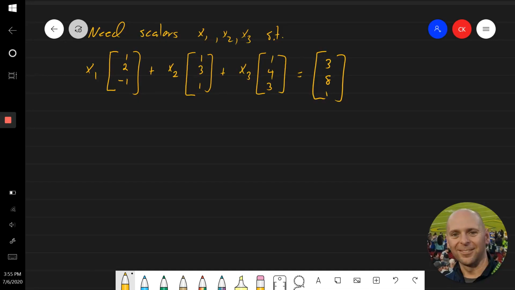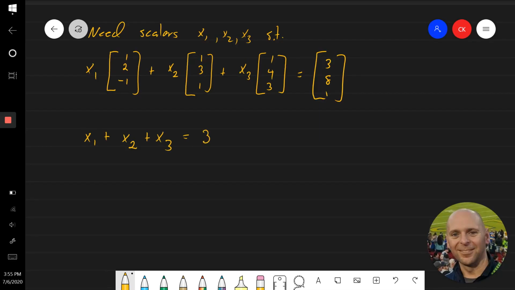Maybe they're real, maybe they're even complex, but we still need a system for solving for them. Since we understand that this represents a system of equations, we can multiply all this back up and write it as a regular system of equations. That would look like this: x1 plus x2 plus x3 equals 3.